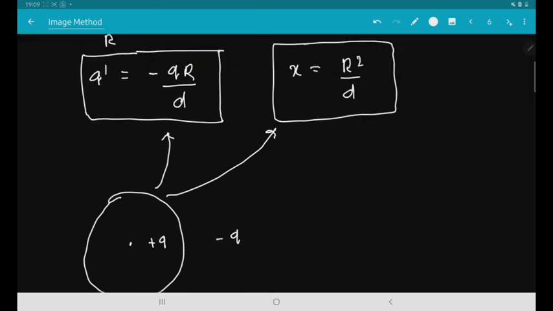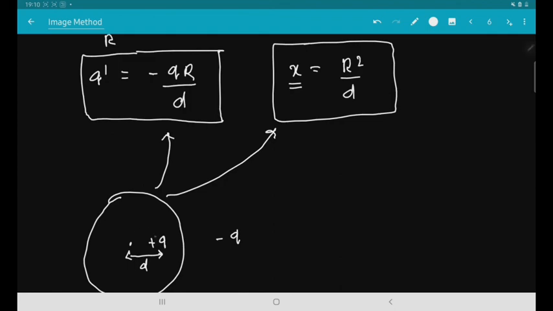Now in this case, see, this d will be smaller because d is the distance from the center to the actual charge. D will be smaller than r, so x will be larger, and we will get the charge outside the sphere.